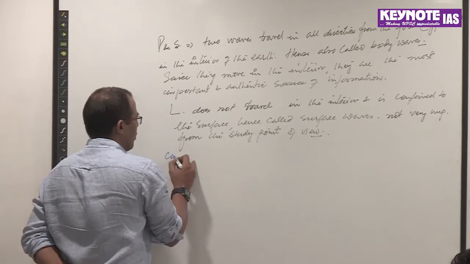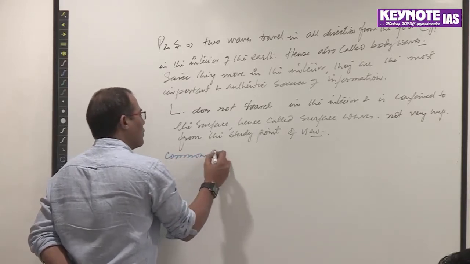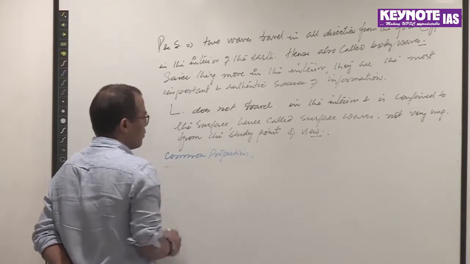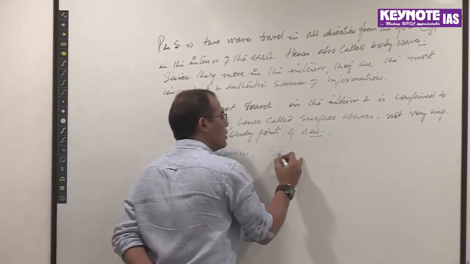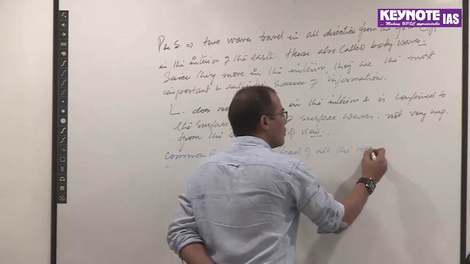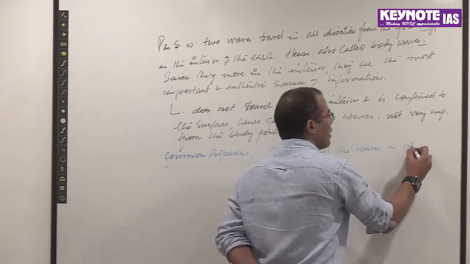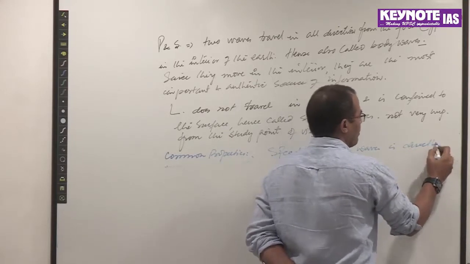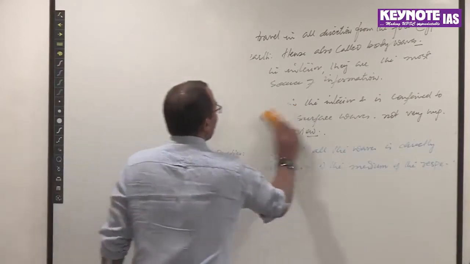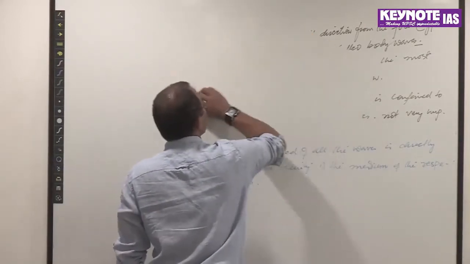Common properties, if you look at that. Starting with, the speed of all the waves is directly proportional to the passing medium, the medium through which they pass.